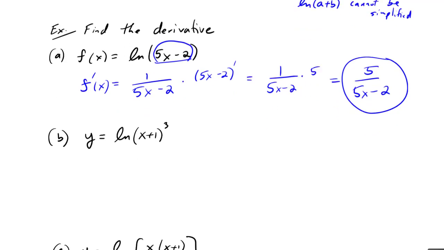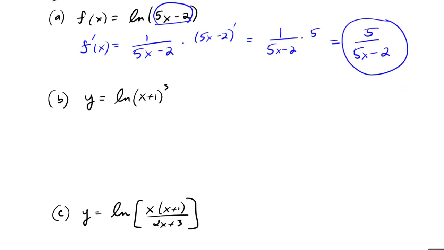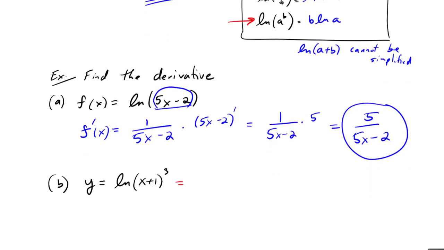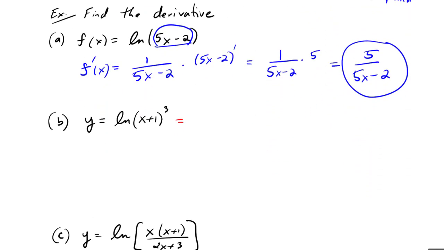Now when we go to this one, it's ln of x plus 1 cubed. While I could do it as ln of x plus 1 cubed, it's actually easier if I make a simplification based on these logarithm rules, specifically the exponent rule, which says that I can rewrite this as 3 ln of x plus 1.